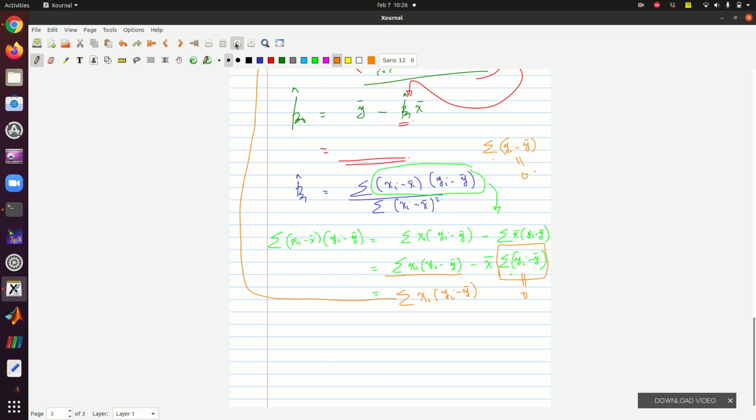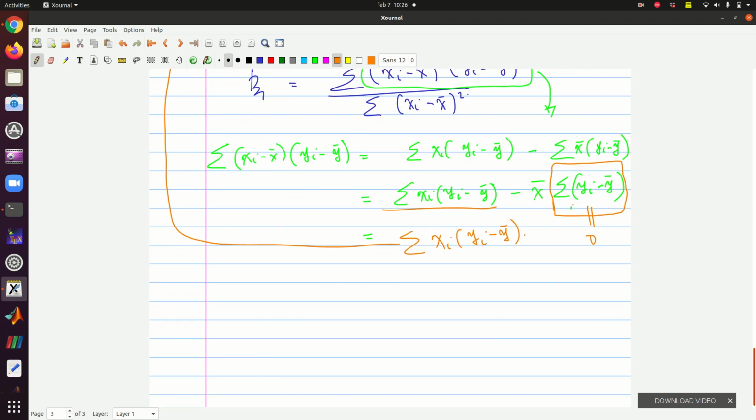In a similar way, we can show that the denominator here, the summation of (xi minus x bar) squared, should give us our original form which we had, which was the summation of xi into (xi minus x bar). So again, we expand this one very quickly.